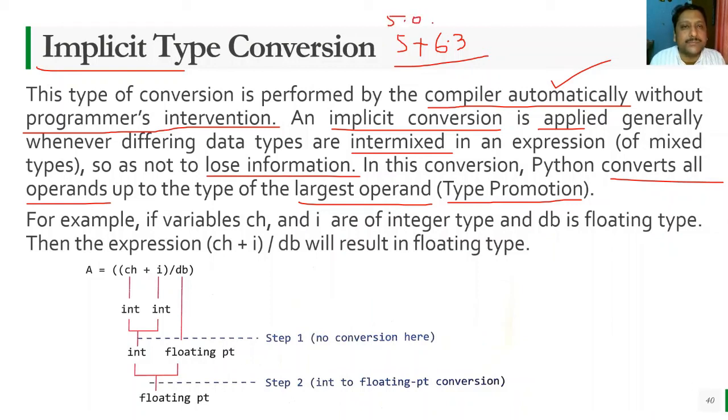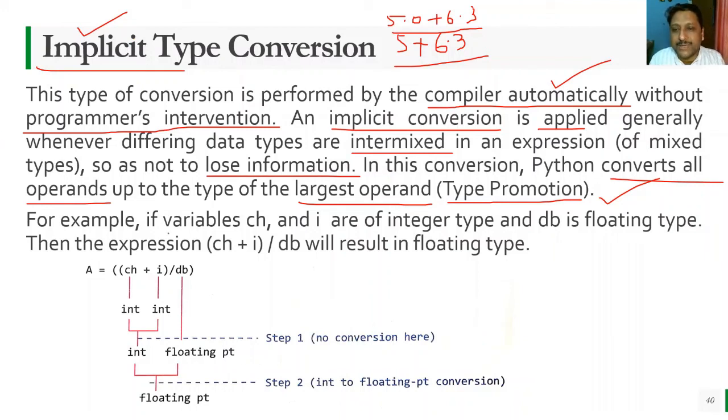Okay, 5.0. Then it will be added to 6.3 and the result will be given. Okay, so in implicit type conversion, it happens automatically, and all the data is converted to the largest operand type available in the expression. So implicit type conversion is also known as type promotion.